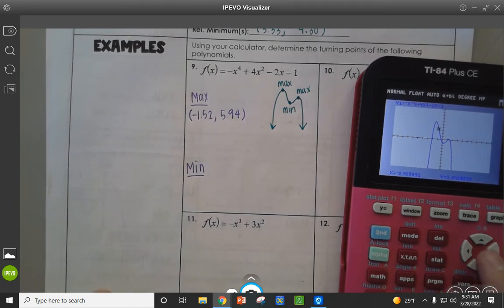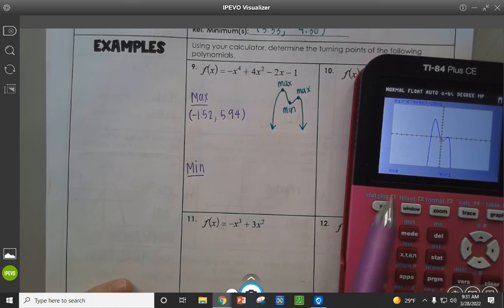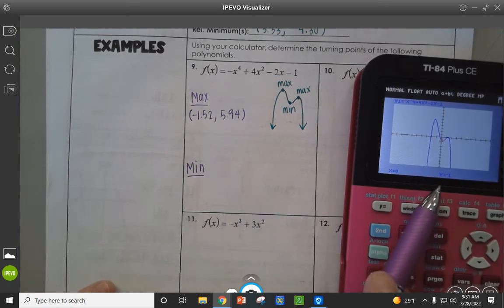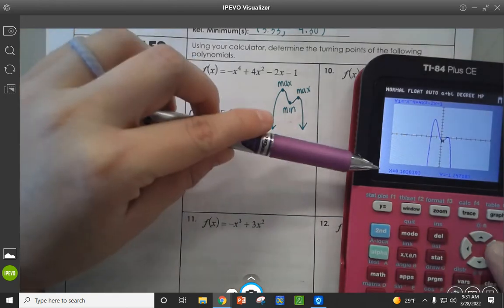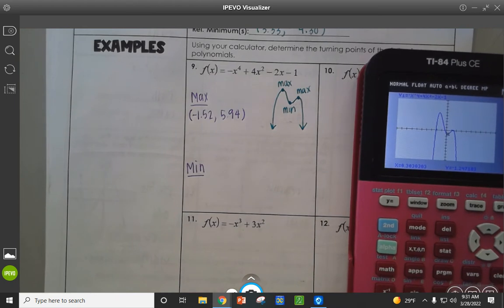And I'm going to use my arrow and go down to get this minimum. Now, you might be like, oh, 0, -1. That's actually not the minimum, because if I go over just a little bit more, this -1.24 on the y, because that's a smaller number, that means it's farther down.